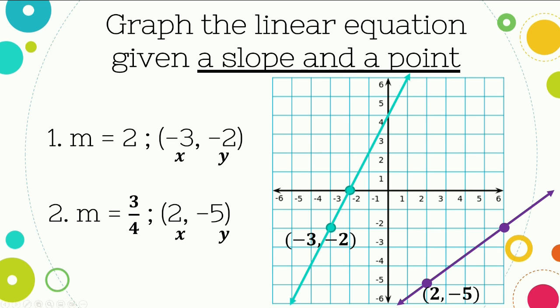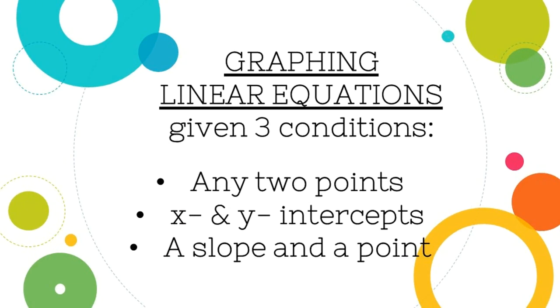Again, we have 3 ways to graph linear equation. Depende kung ano yung mga given. So, we have, kung meron tayong 2 points na ibinigay, kung merong x and y intercepts, and lastly, if we have slope and a point.